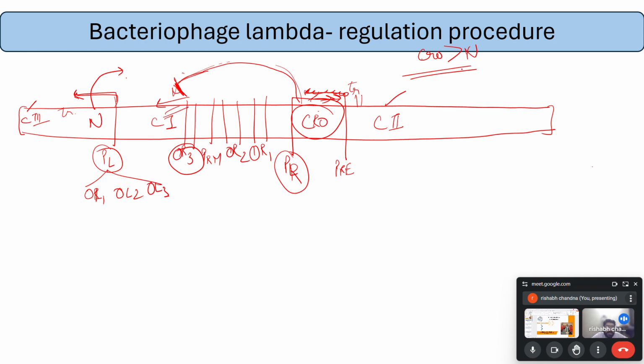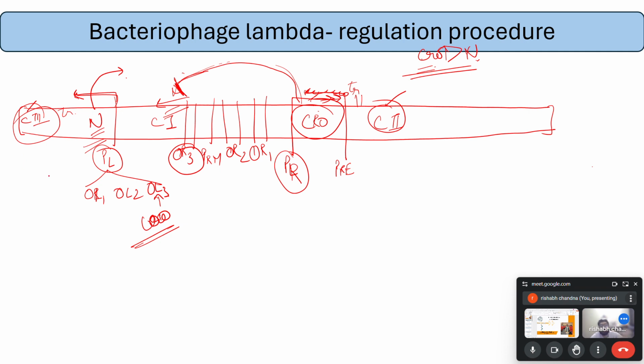And then what will happen if Cro protein increases? Then it will outnumber N. N cannot be stopped from being produced entirely, but it will also be reduced by the Cro protein, so it will decrease its expression, and decreasing N's expression leads to a decrease of C2 and C3.